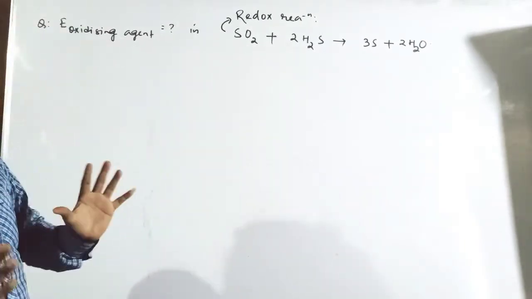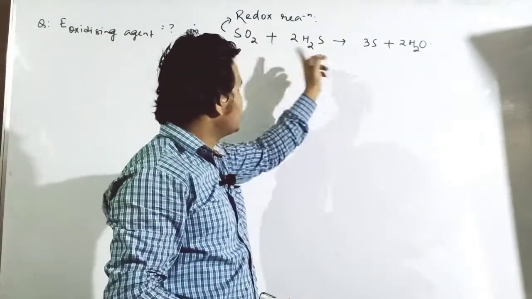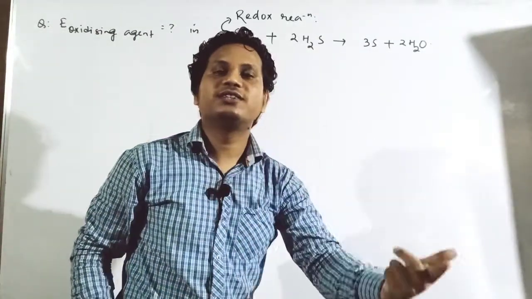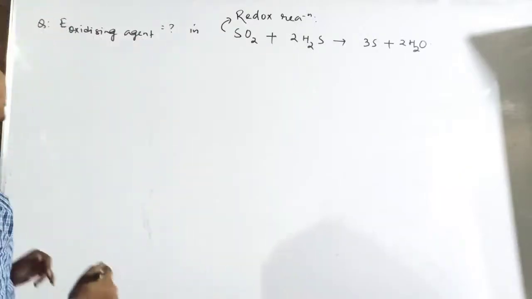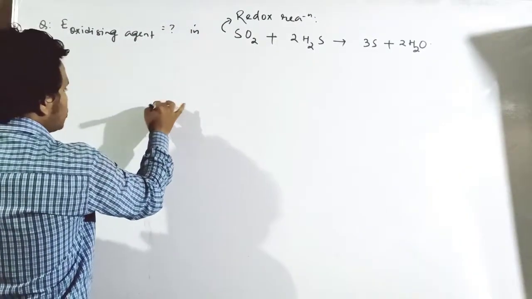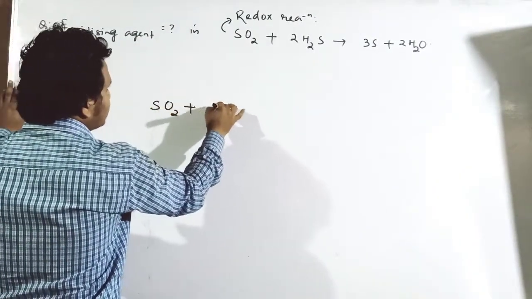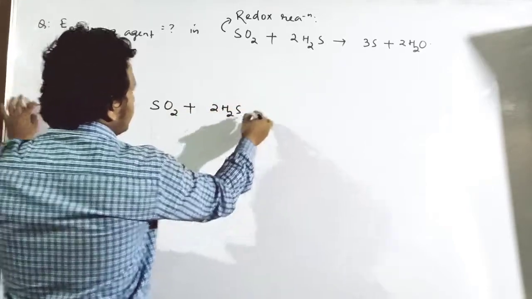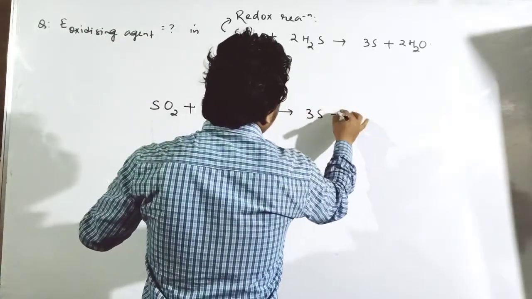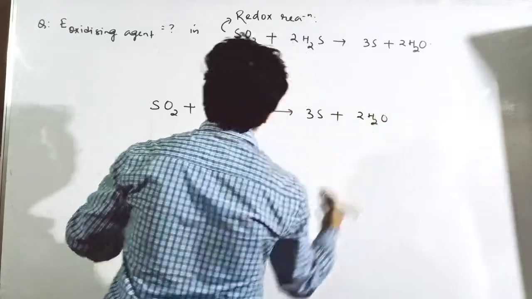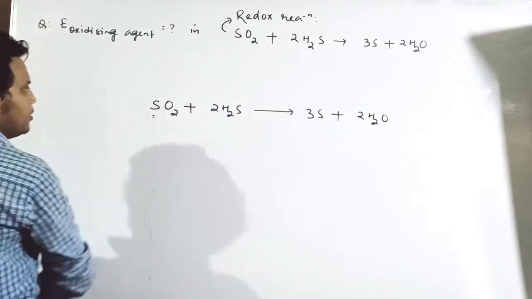First our aim is to find which one is the oxidizing agent and which one is the reducing agent. The given reaction is SO2 plus 2H2S goes to 3 sulfur plus 2 water. What is the charge of sulfur here?